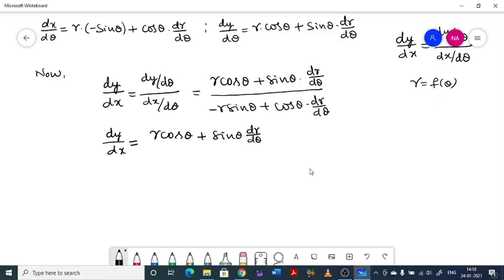The numerator is unchanged, I am just altering the denominator.